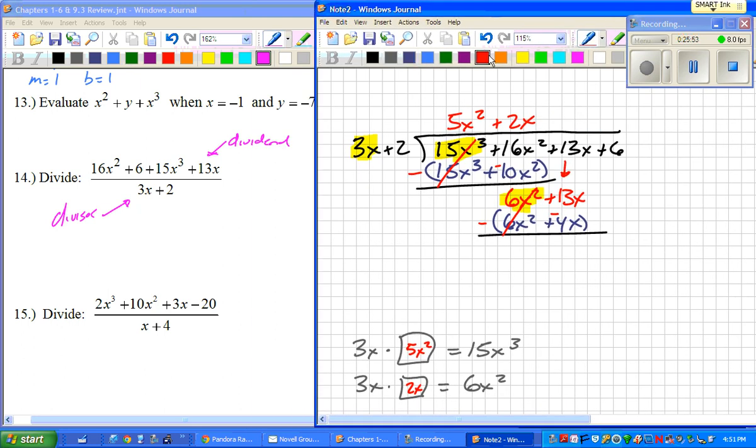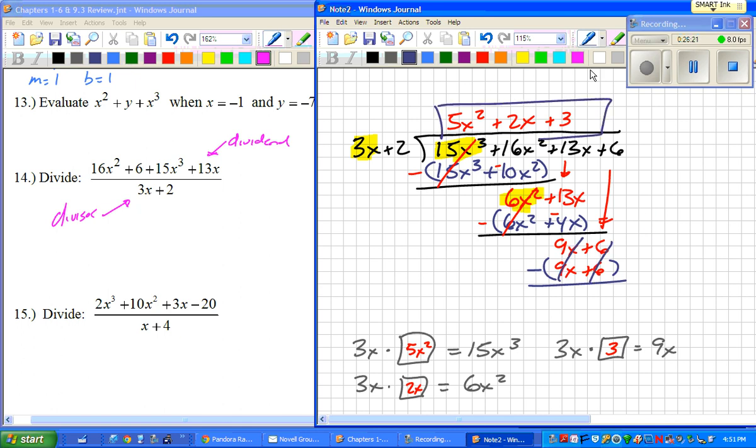Okay, because we get 9x plus 6. So now you're thinking 3x times what gives us 9x? You're saying it's 3. So then we get 9x plus 6. You subtract those, and those actually cancel out.